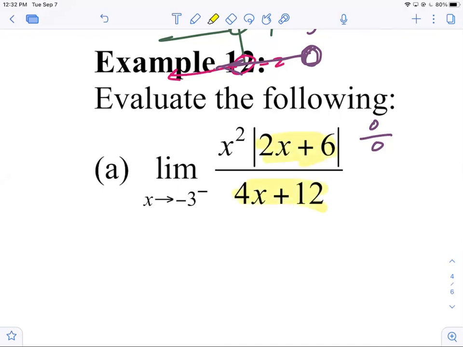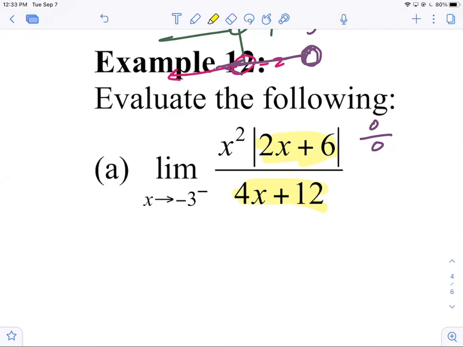This is causing the 0 in the bottom. That's linear over linear. The top one has the absolute value. That's the Jumpman piece. What is x squared causing when you plug in a negative 3? A 9, right? So can I just plug in a negative 4 to this entire expression to figure out what the overall limit is?